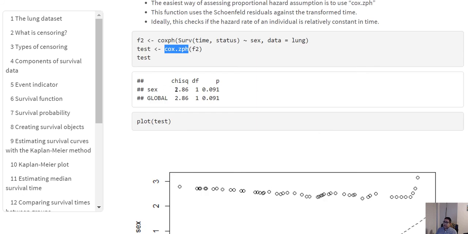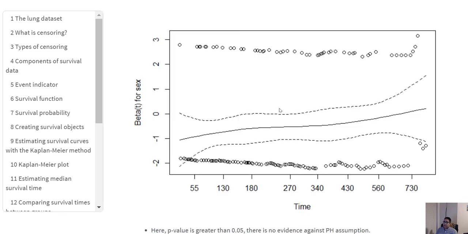Here you can see that the sex variable is associated with a p-value greater than 0.05. That means that there is no evidence that the proportionality assumption is being violated.